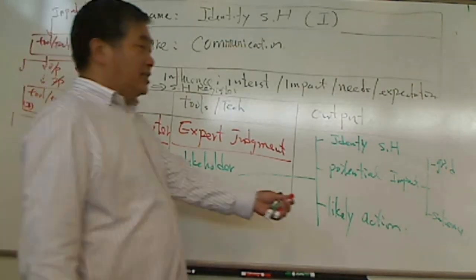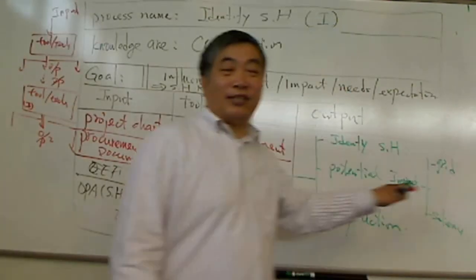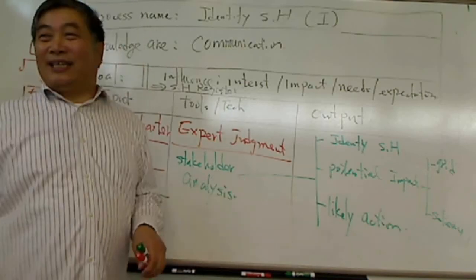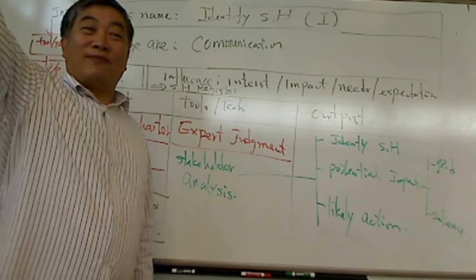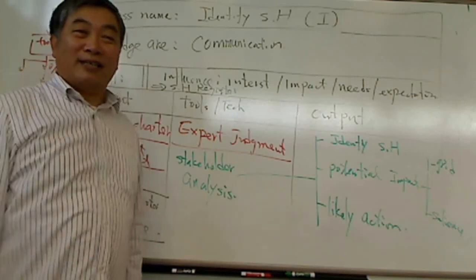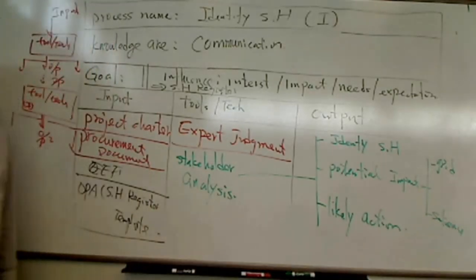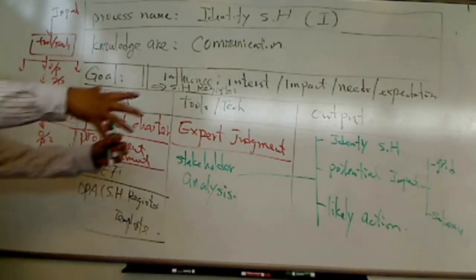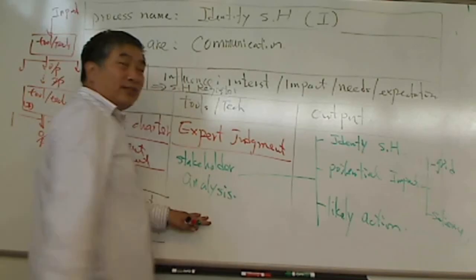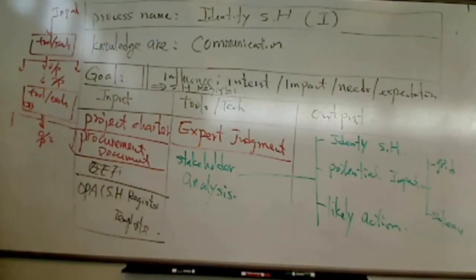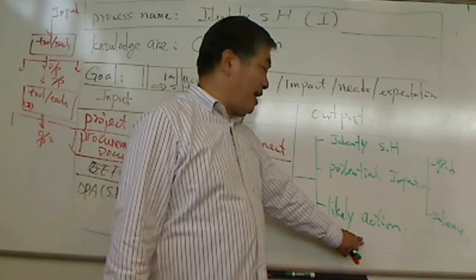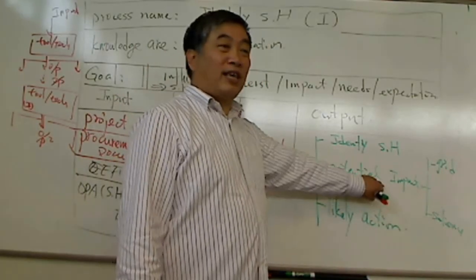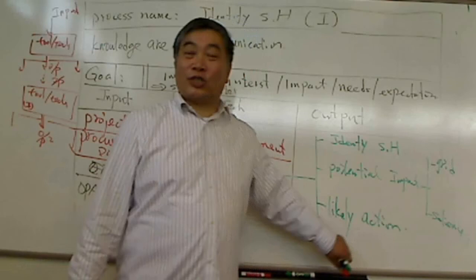So the grid is used as stakeholder analysis. Okay? Power-influence, power-interest, influence-impact. Salience model is power, legitimacy, urgency. They are all used here as stakeholder analysis, right? Try to find their impact. And therefore, we can analyze when this impact happens, what their action is, right?